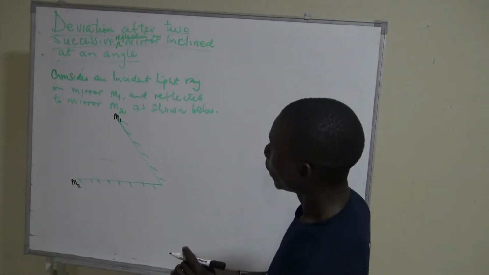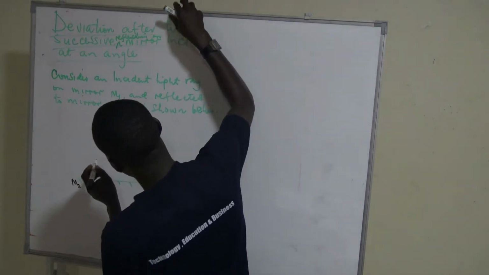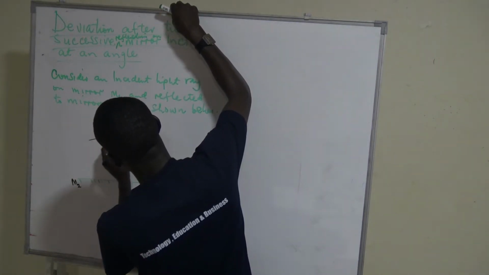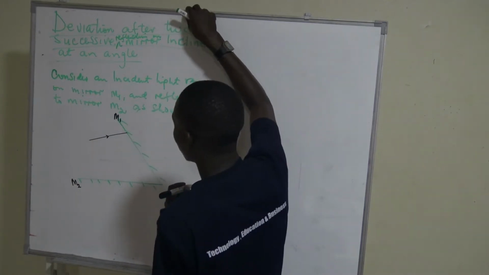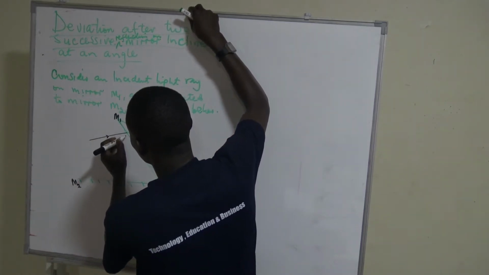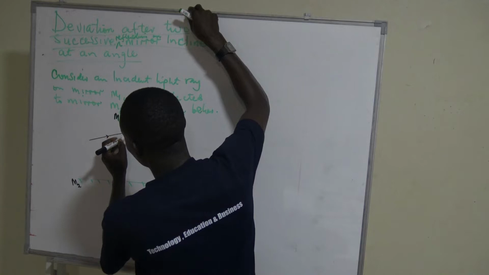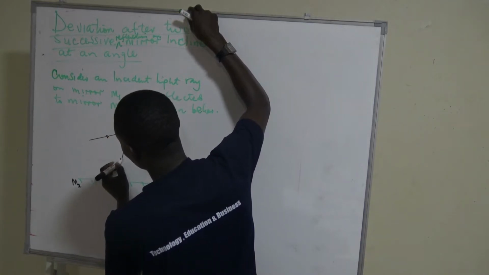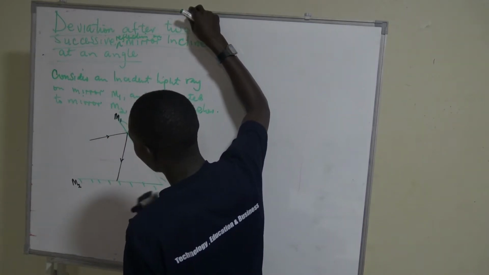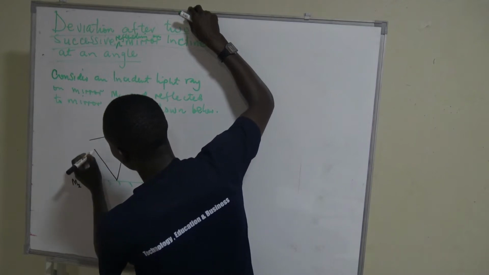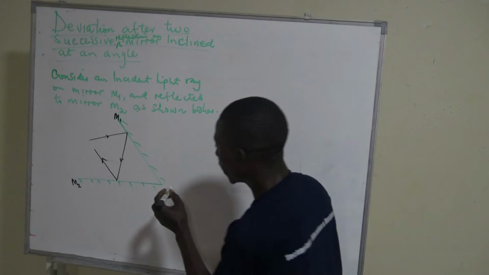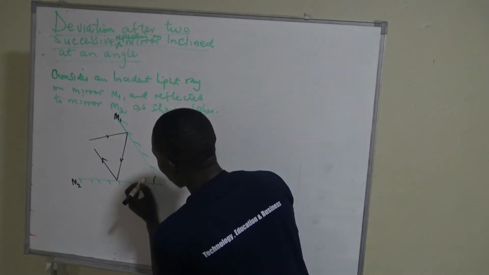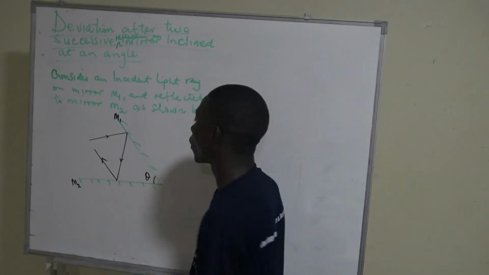Now, if we consider a light ray which is incident on the first mirror, it is reflected here to the second mirror. And then the second mirror reflects it in the other direction, provided that the mirrors have been inclined at an angle theta.